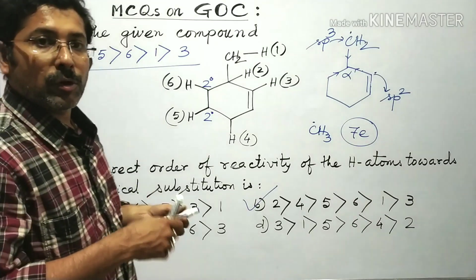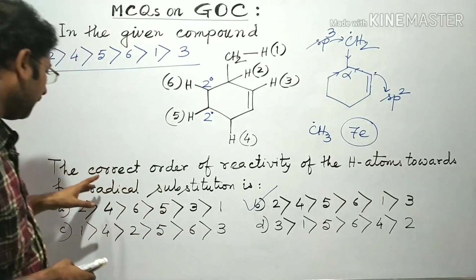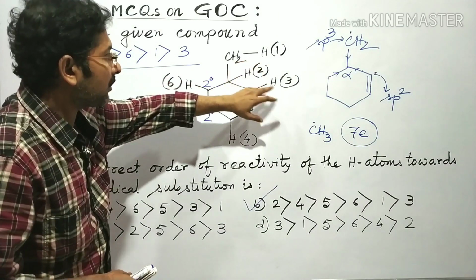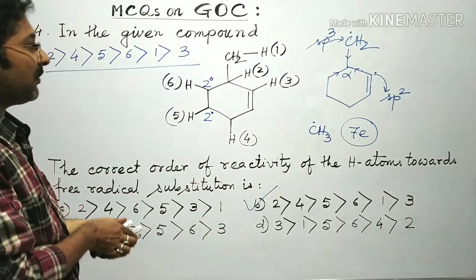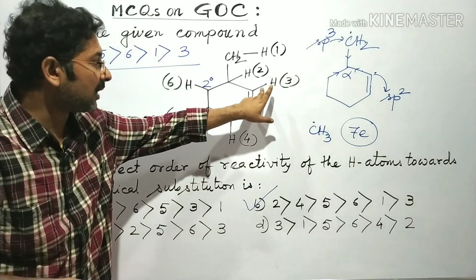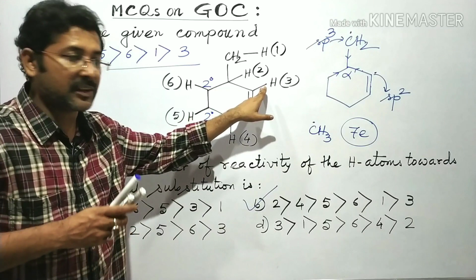If the question will be such that the stability order of these carbon hydrogen bonds, then definitely the order will be reversed, because this carbon hydrogen bond is the most stable.